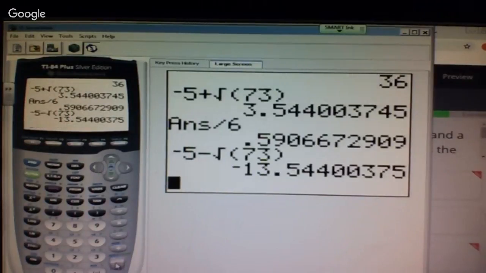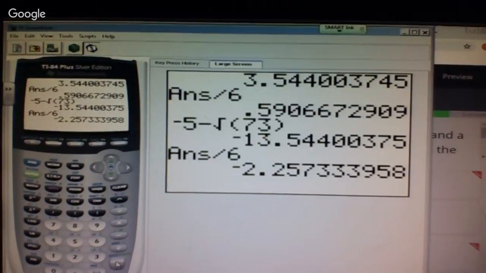That's the way to do that. Don't forget to divide it by 6 though. So what does it say? Negative 2.26. We're always rounding it.